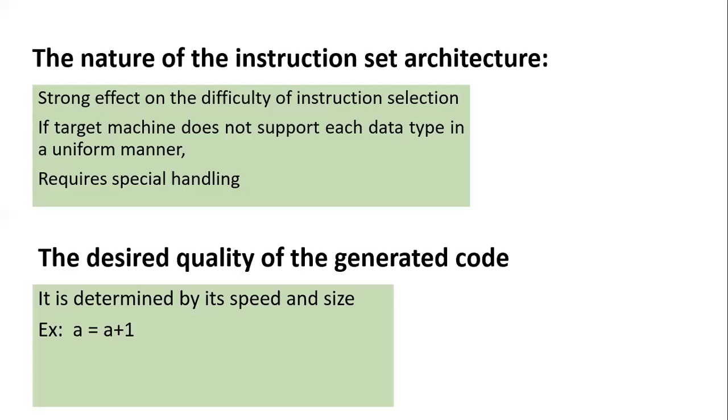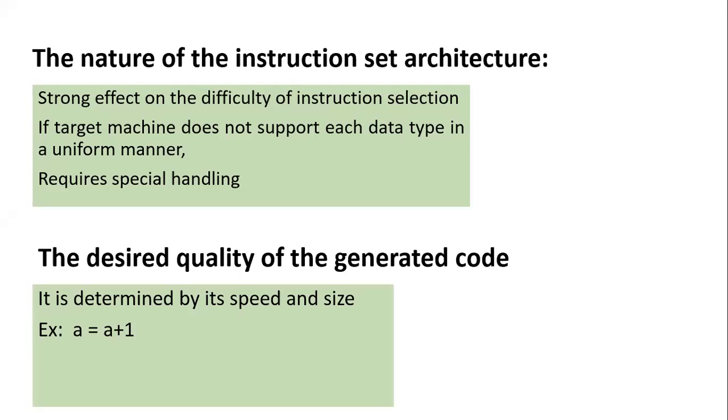How? If the target machine does not support each data type in a uniform manner, like integer, character or floating type, then separate handling is required. It requires special handling.